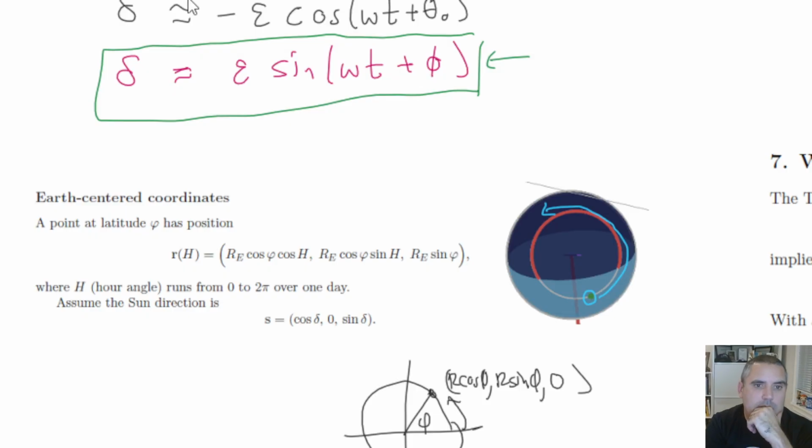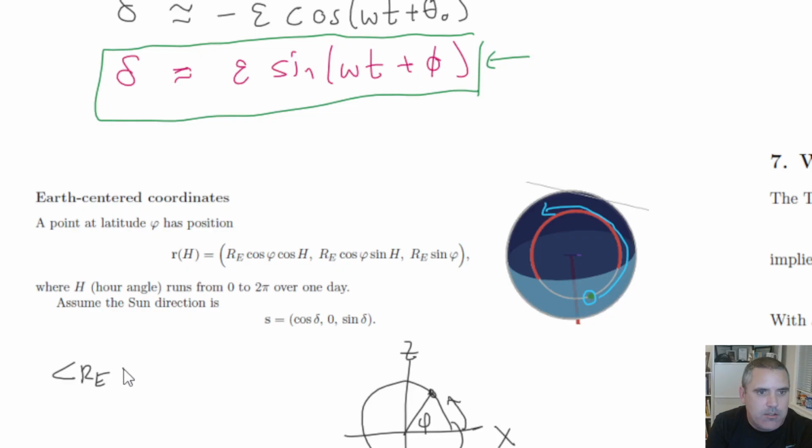Yes, let me see. No, I miswrote. I realize now, because this is the z-axis and this is the x-axis, that would be radius cosine of phi, 0, radius sine of phi. That's not circular motion, that's the coordinate where you'd be starting.